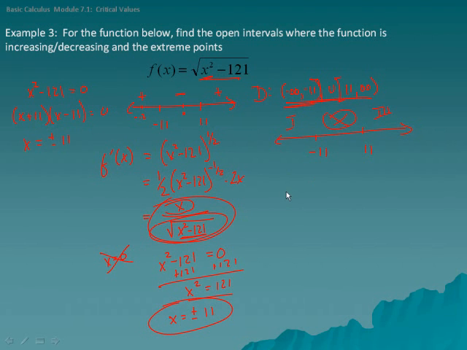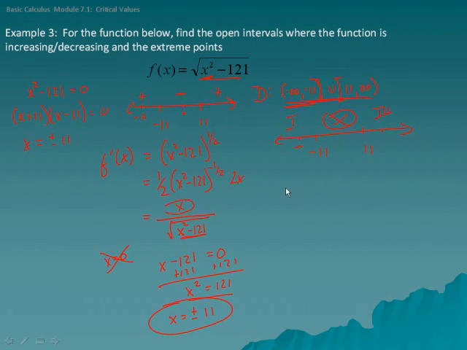Looking at the denominator, which is the square root of x squared minus 121, if I were to put a test point, negative 12, in here, negative 12 squared is a positive 144, and 144 minus 121 would give me a positive square root. For region 3, if I put 12 in, the same thing is going to happen.